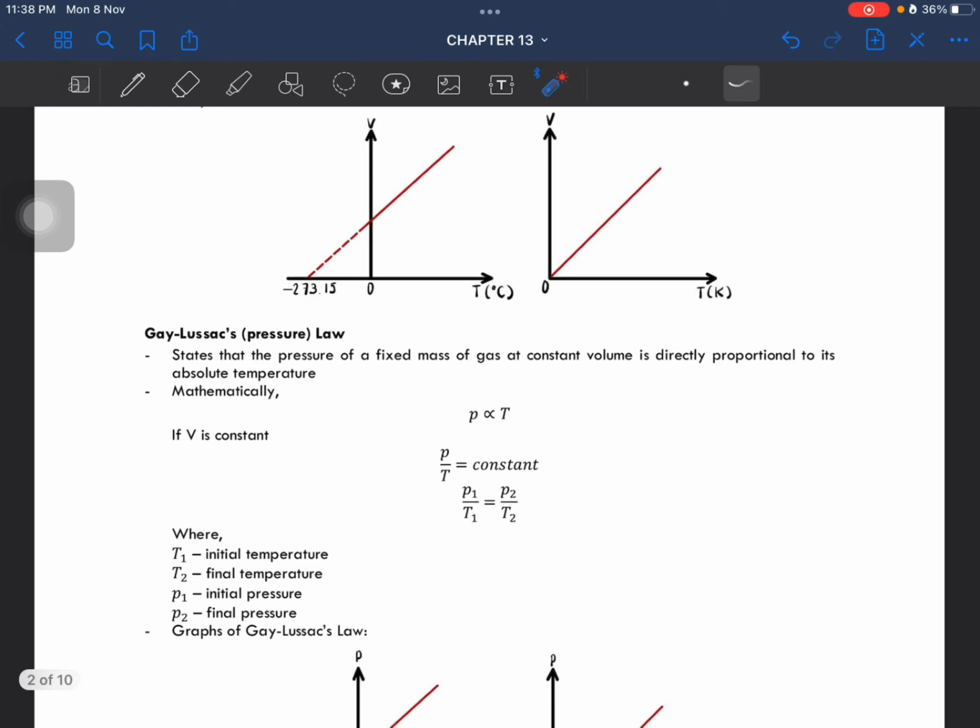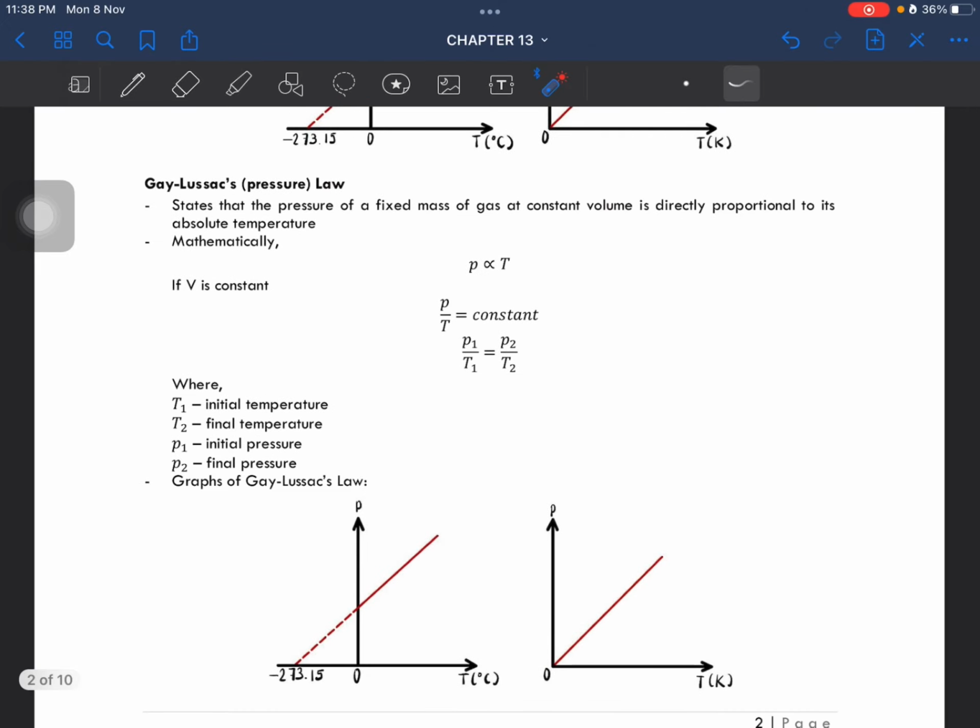And then Gay-Lussac, I don't know how to pronounce it, but this is the pressure law. It states that the pressure is directly proportional to its absolute temperature, and this is focusing on constant volume. Again, this is in Kelvin. In this chapter, mostly you have to change the temperature into Kelvin.